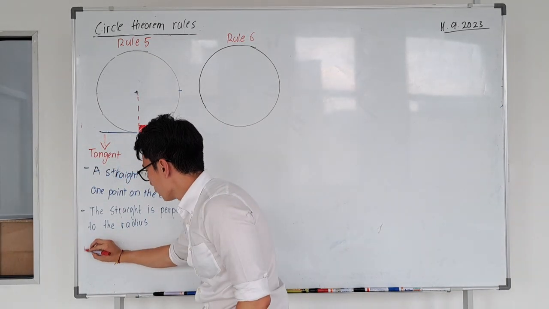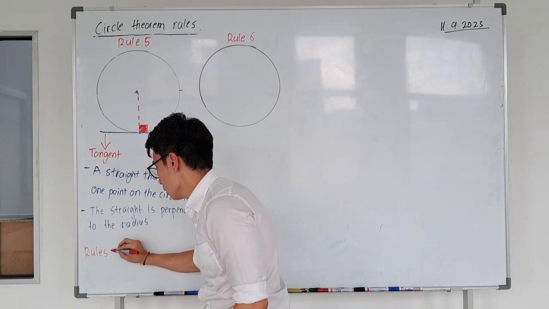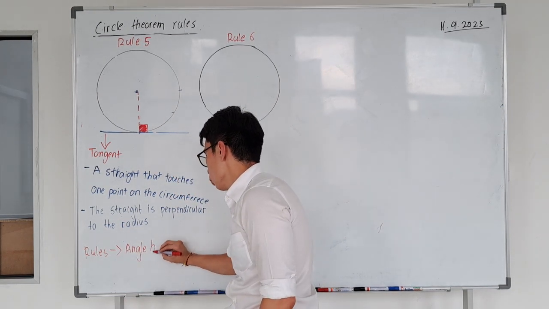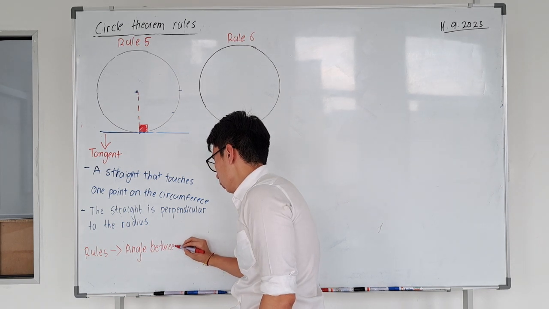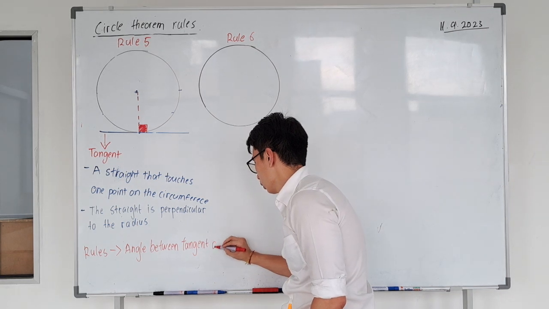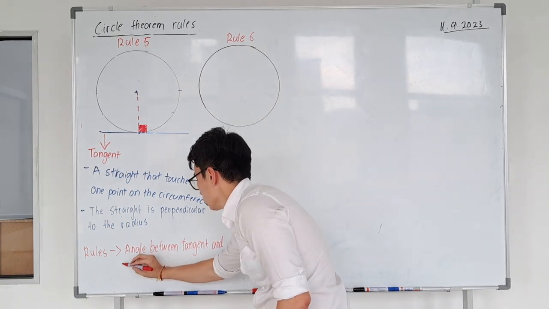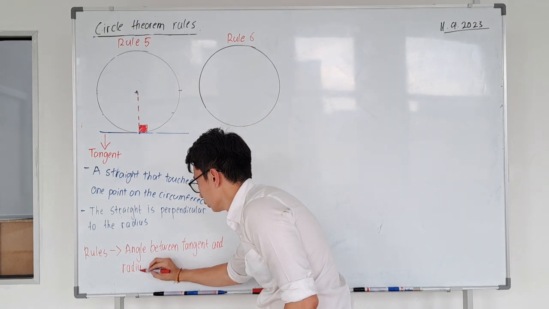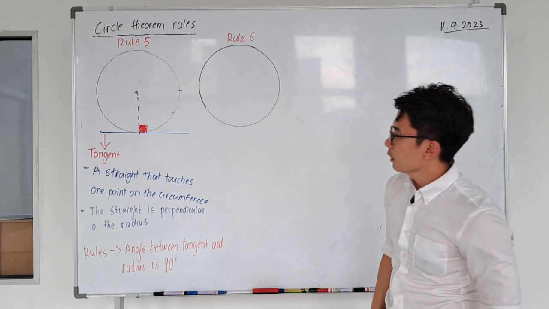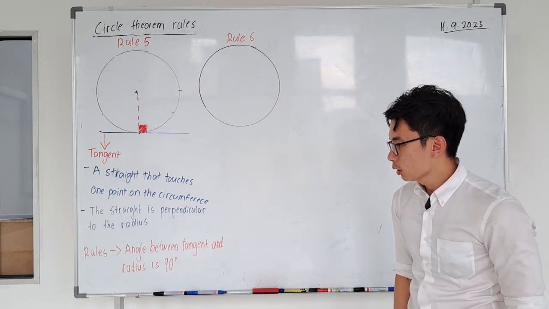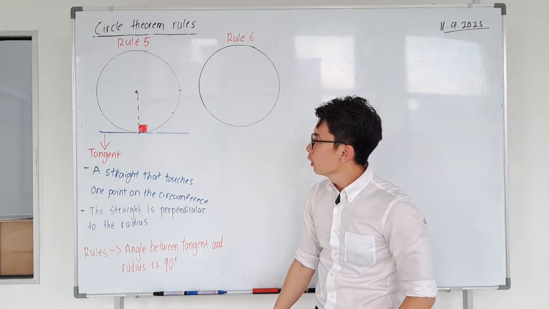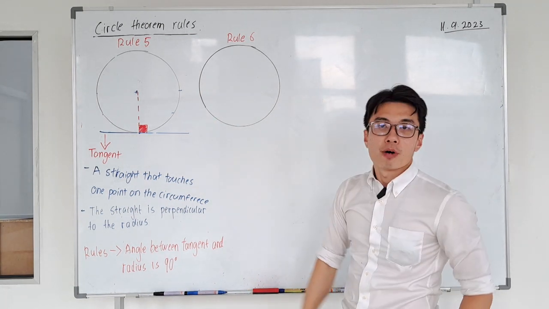So the rule over here that we can share is: the angle between a tangent and a radius is always 90 degrees. Okay, so that's rule number 5.